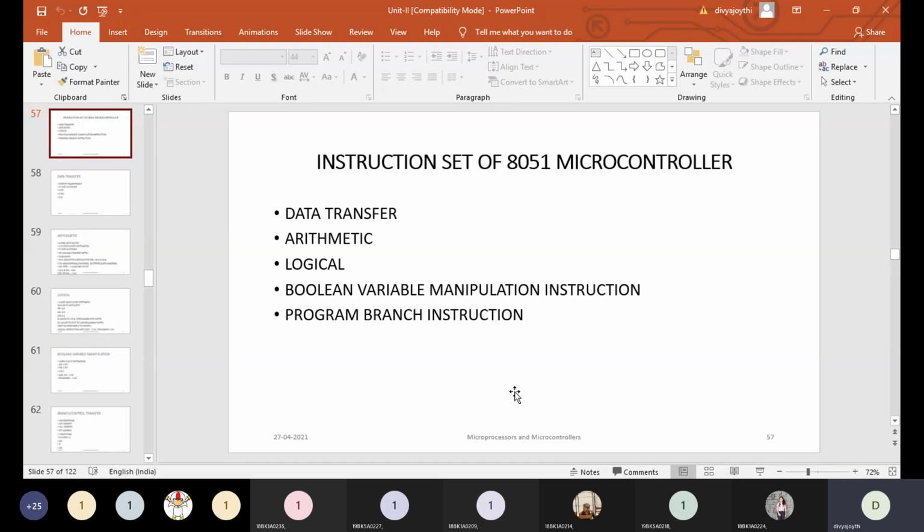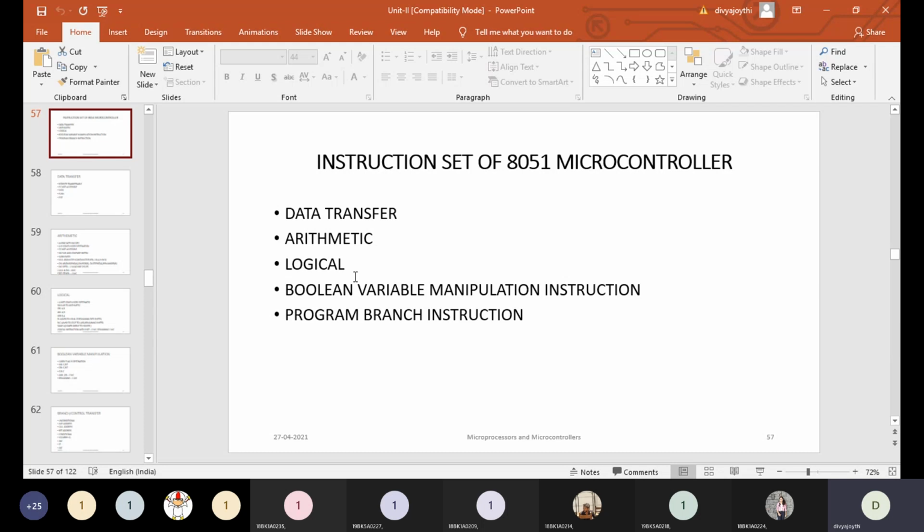It can also be called a program branch instruction or a control transfer instruction. If you see the names of these instruction types, all these 5 types are available for the 8086 microprocessor also.